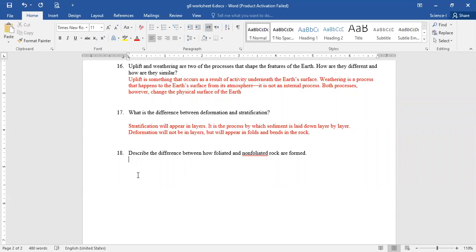Okay, Yusuf? Foliated rocks are arranged in bands because of pressure. Pressure squeezes the minerals in the rock, so it becomes arranged in bands. Okay, so here the point is that in foliated metamorphic rocks, the minerals do not change their composition.